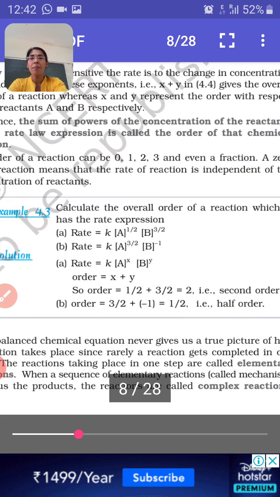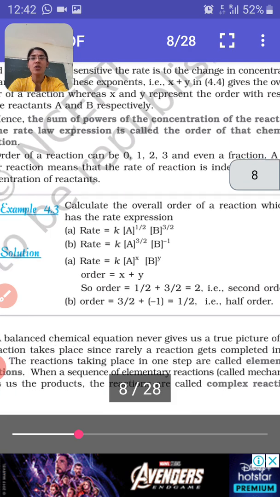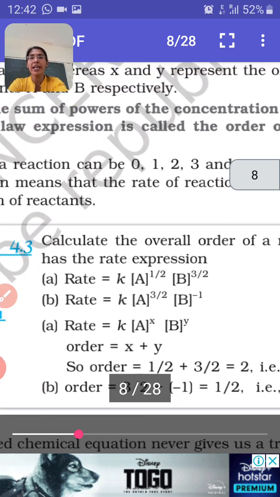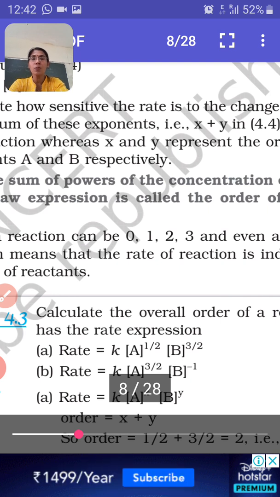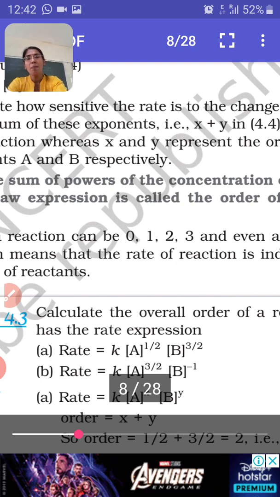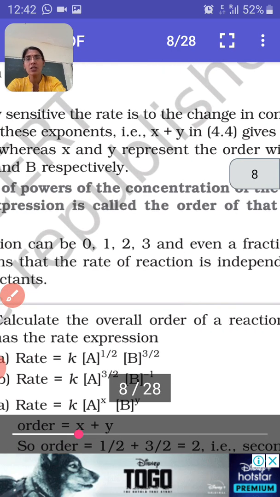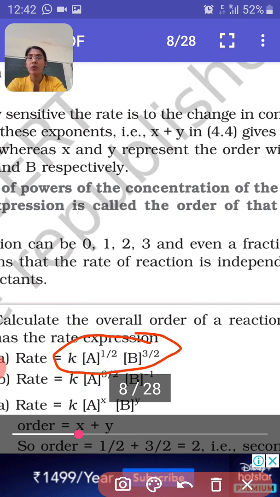So example 4.3, calculate the overall order of reaction which has the rate expression. The rate expression is this one. Rate equals to K, A to the power 1 by 2 and B to the power 3 by 2. So overall order of reaction means sum of the powers of both the concentrations. So in this case the overall order of reaction will be 1 by 2 plus 3 by 2, which comes out to be 2 only.